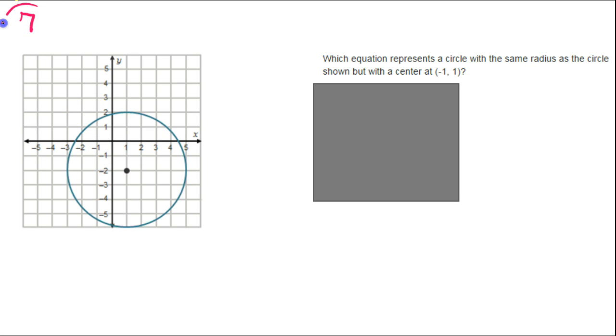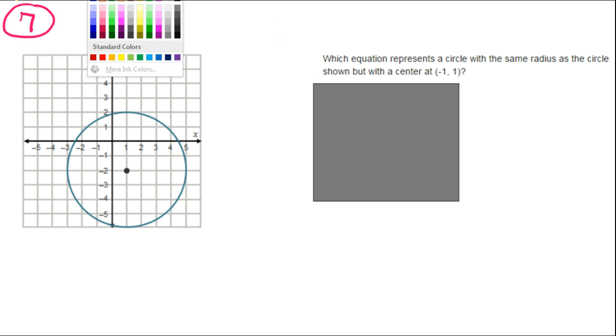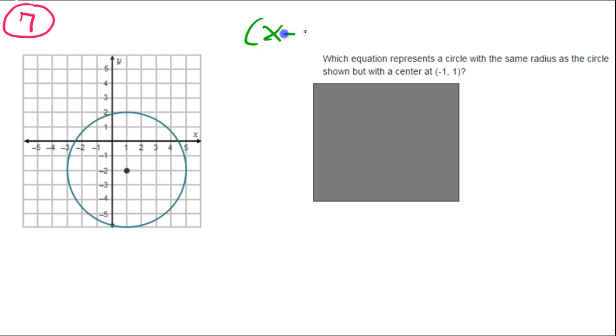Okay, this is problem number 7, by the way. Which equation represents a circle with the same radius as the circle shown, but with the center at -1, 1? Well, let's start with the center, because we know that the standard form equation of a circle goes like this: x minus h squared plus y minus k squared is equal to the radius squared.